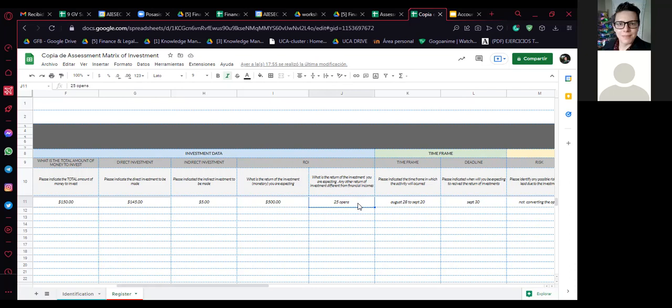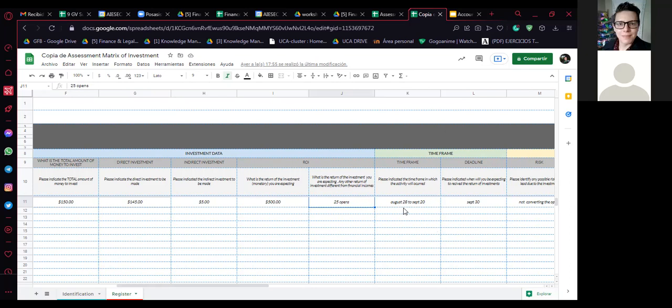So we are checking this investment in marketing based on the opens that the ads will generate. And after that, we're also going to verify, from those 25 opens that the area is generating, how many people have converted. And if at least 2-3 people convert, that means that we are generating the financial ROI that we are expecting.